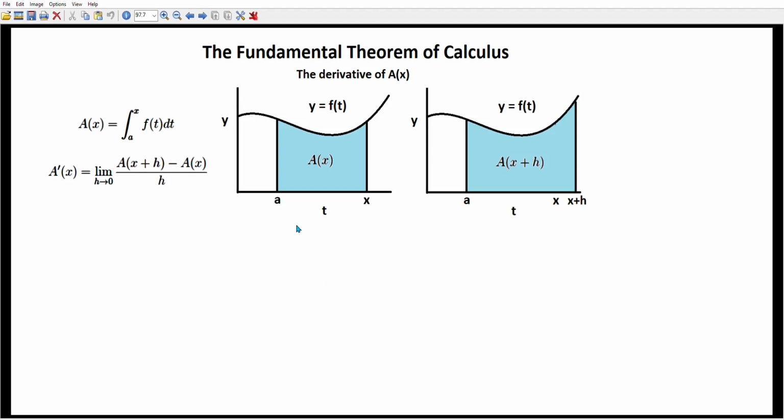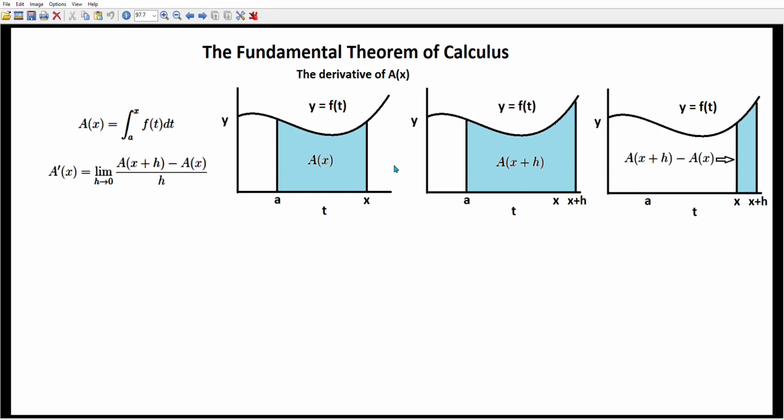So the integral from a to x is represented by this area, which is A of x. The integral from a to x plus h is represented by the somewhat larger area. And the difference between this and this is this little area, the area between x and x plus h, and that's the area function of x plus h minus the area function of x.